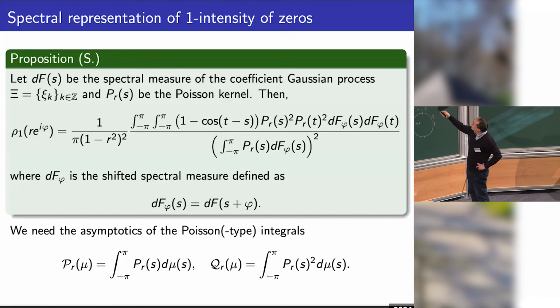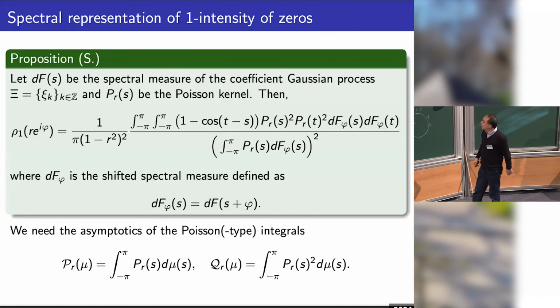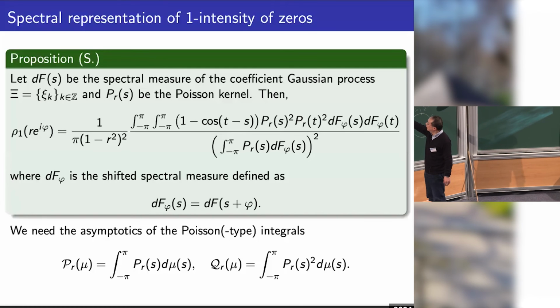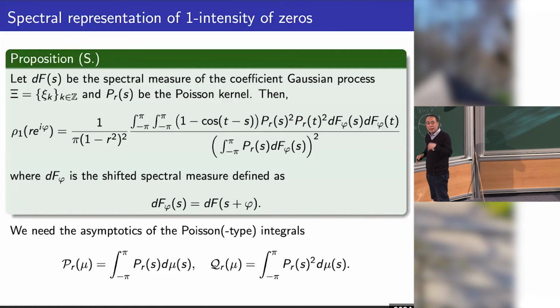For the denominator, you can see the usual Poisson integral, and in the numerator, you can see Poisson type integrals. This is not the Poisson kernel itself, but the square of the Poisson kernel, so this part diverges as r goes to 1. So we need to consider the asymptotics of these quantities as r goes to 1.